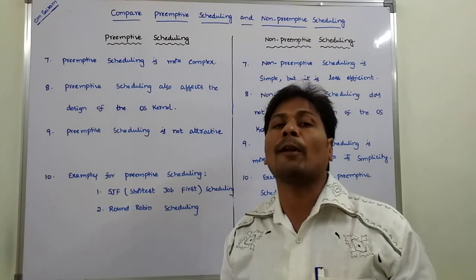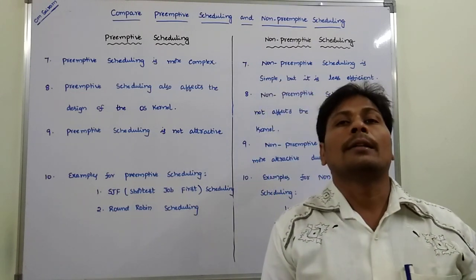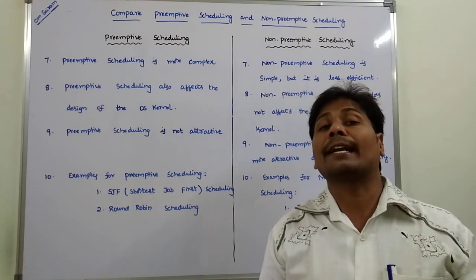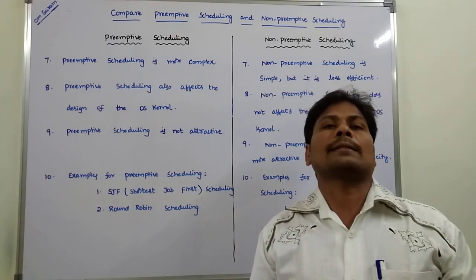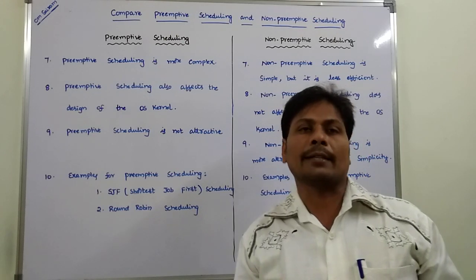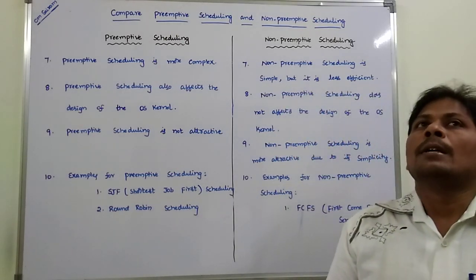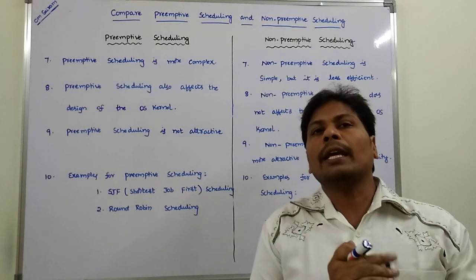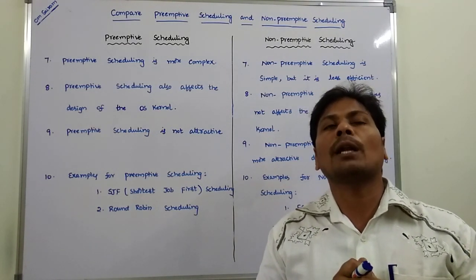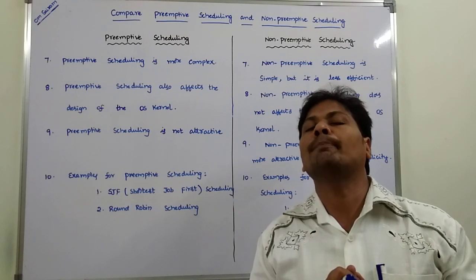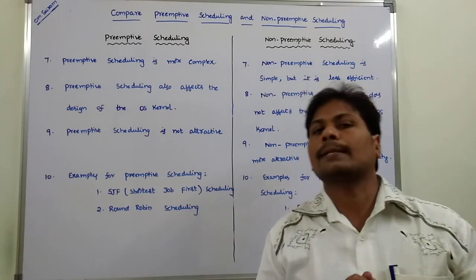Whereas in non-preemptive scheduling, the executing process cannot be interrupted by another process in the middle of the execution. Preemptive scheduling is somewhat complex because more switching can be done between the processes.